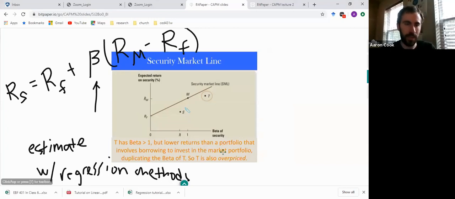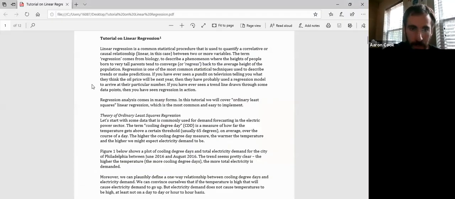This linear form, R_S equals the risk-free rate plus beta times the market return minus the risk-free rate, is something that we can estimate with regression methods. The idea there is that we're going to have a cloud of data representing observations that each have a certain value in one dimension, and then a certain value in another dimension.